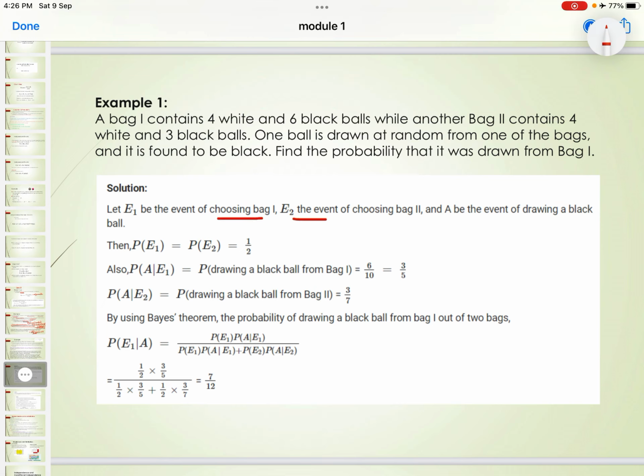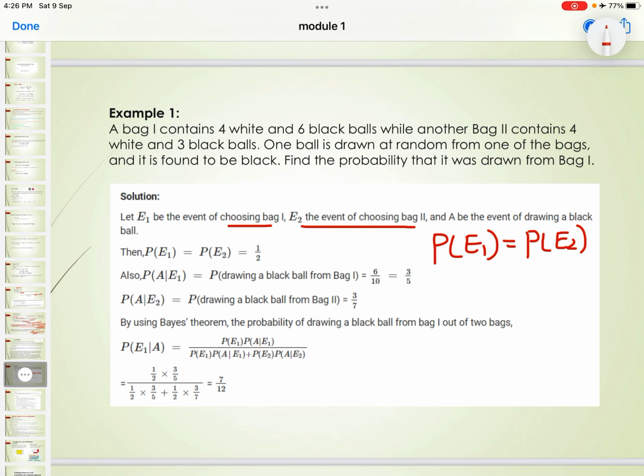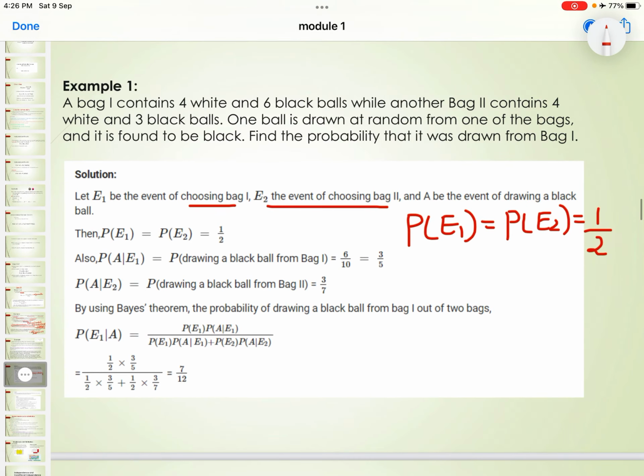So P of E1 equal to P of E2 will be equal to 1 by 2 because there are how many bags? 2 bags. So for bag 1 it will be 1 by 2, for bag 2 also it will be 1 by 2. So total how many outcomes are possible? 2 outcomes, out of which bag 1 you can pick once, bag 2 you can pick once.